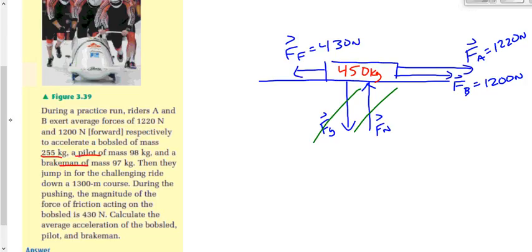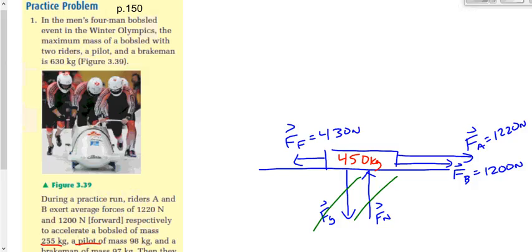Why do I not use the 630 kilograms here? Jack, why do I not use that? Because that's not the actual mass that they are. It's just saying that that's the rule maximum they can have. Yeah, that's a rule. That doesn't mean that that's the mass. Listen, don't ever use a mass unless they tell you this is the mass.